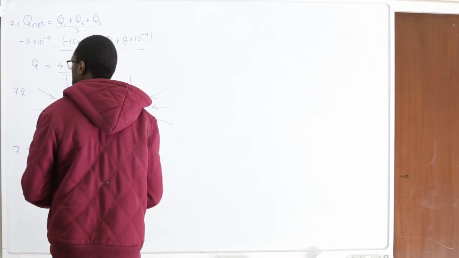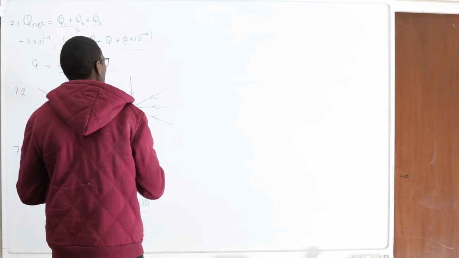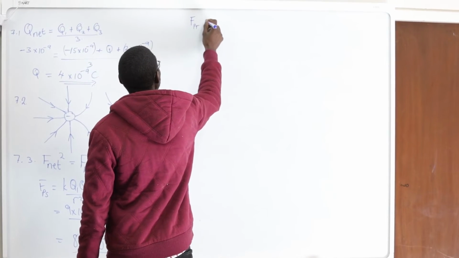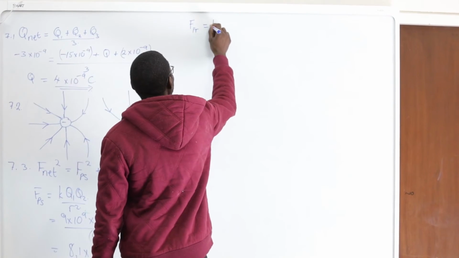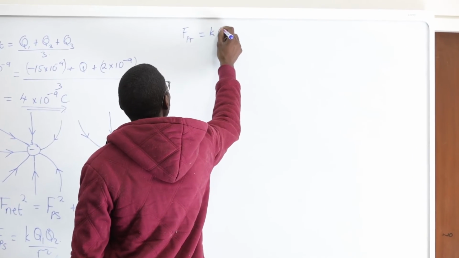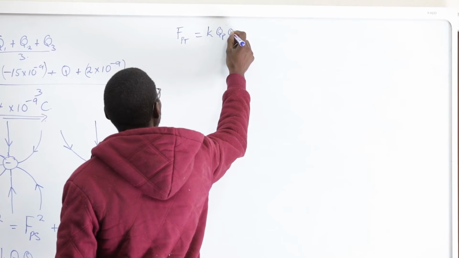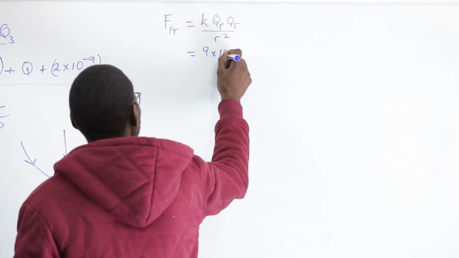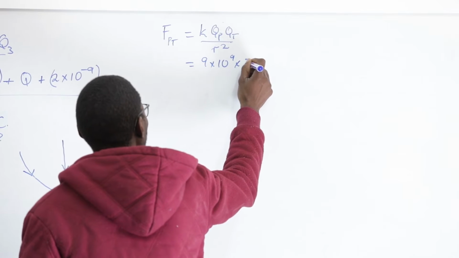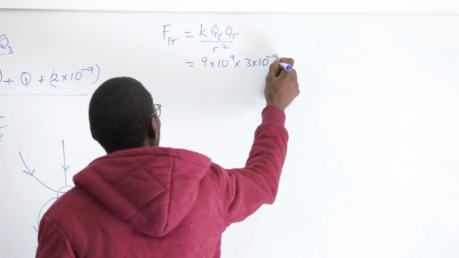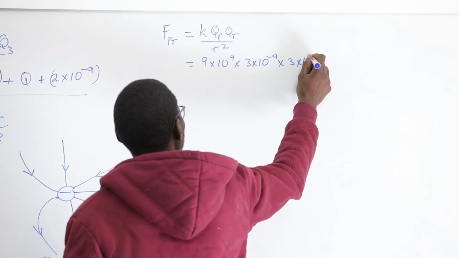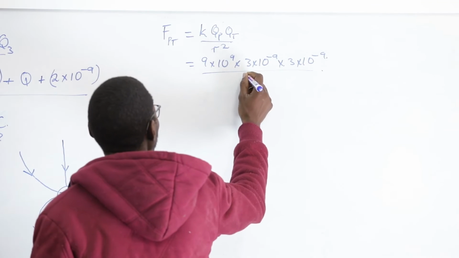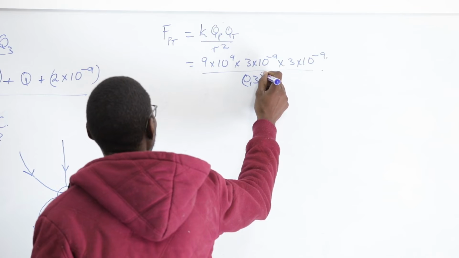Now PT. F PT is going to be equal to, once again, K Q P Q T over R squared: 9 times 10 to the power of 9 times 3 times 10 to the power of negative 9 times 3 times 10 to the power of negative 9, all divided by the distance, which is 0.3 all squared.